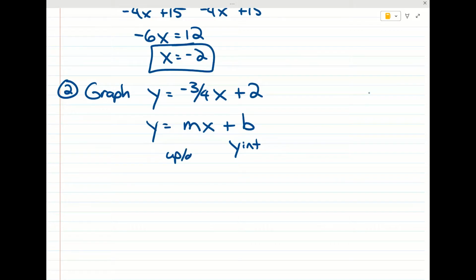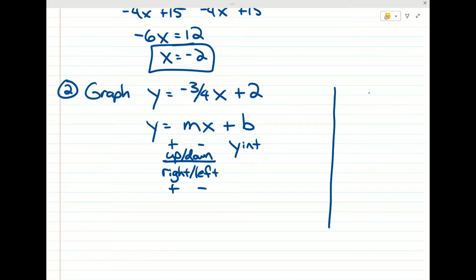And it tells us whether we're going to go up or down, and then whether we go right or left, depending on the signs. So for a problem where it says negative 3/4 x plus 2, let's start by putting a point on the y-axis at 2. That's the y-intercept.